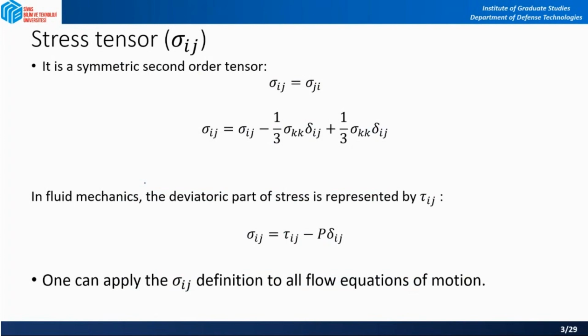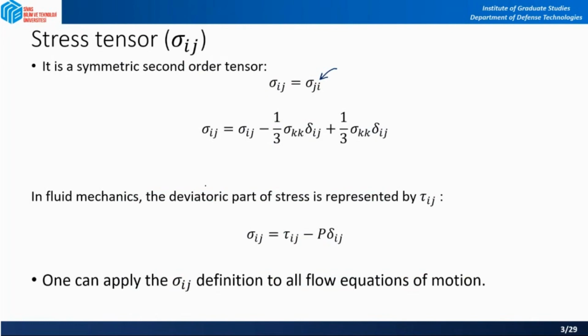Similar to solids, in fluids, sigma ij is a symmetric tensor. When a tensor is symmetric, it means that sigma ij is equal to sigma ji. And it's a second order tensor, because you have two indices, i and j. Going back to the previous week, you can decompose this into its components.